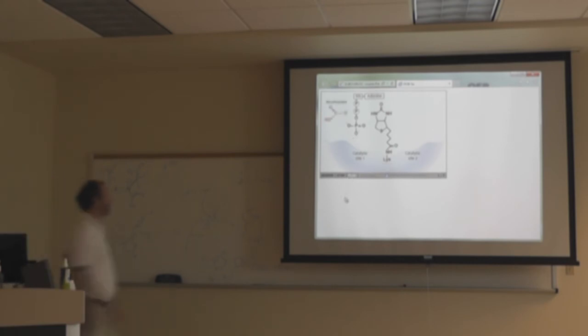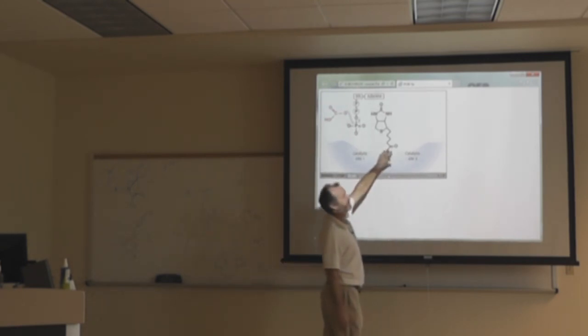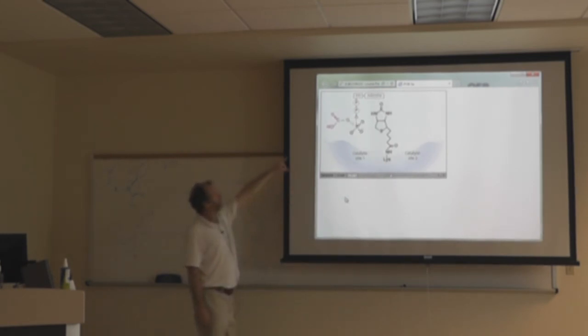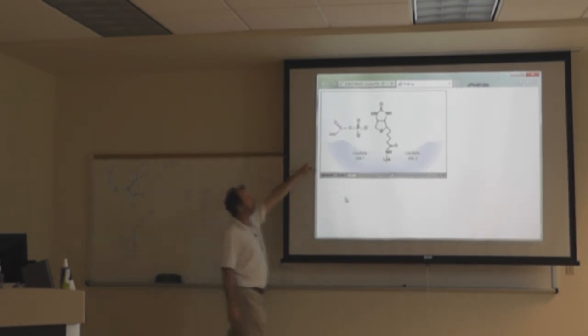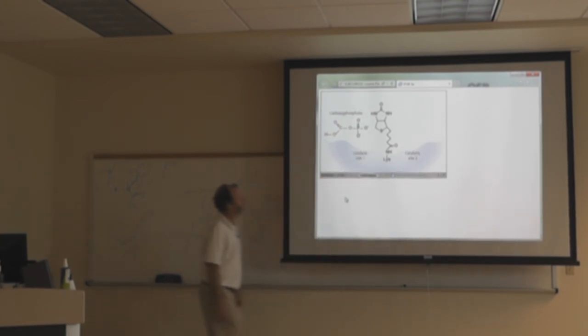So you see there's two different catalytic sites, 1 and 2, and then a biotin covalently bound to a lysine here. Bicarbonate has to be activated to carboxyphosphate via ATP phosphorylation. And then the next thing that will happen is you'll get transfer of that carboxy group to the biotin.